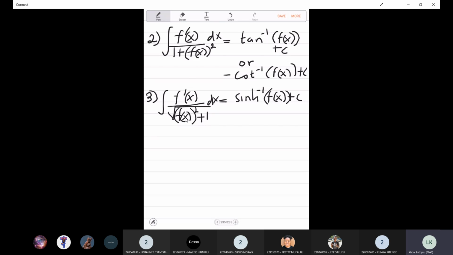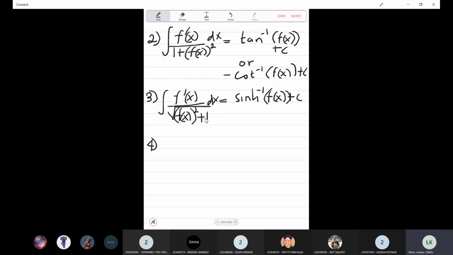So the idea with these derivatives and these integrals is you'll be given something and you want to rewrite it so that you have your derivative in the numerator and in the denominator. Like for this one, you have the square root of that function squared plus 1. So that is always the slightly tricky part, but manageable.